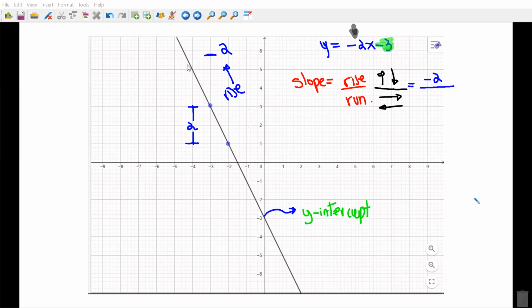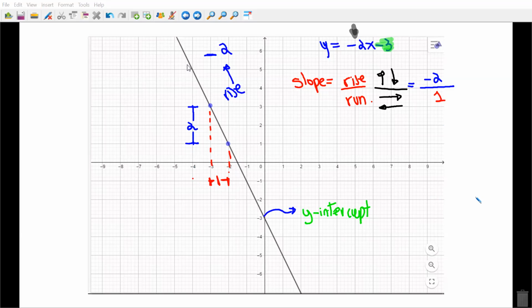And let's talk about the run, guys. What is the value of the run? From this point to this point, how many units can you count? 1 unit. So that is going to be the run. Rise, -2. Run is going to be 1.